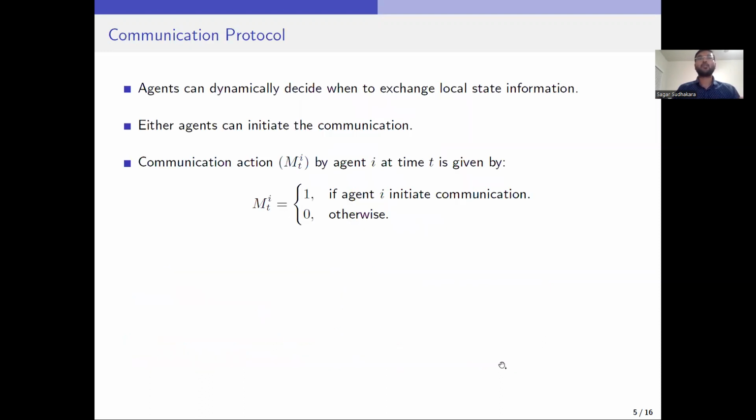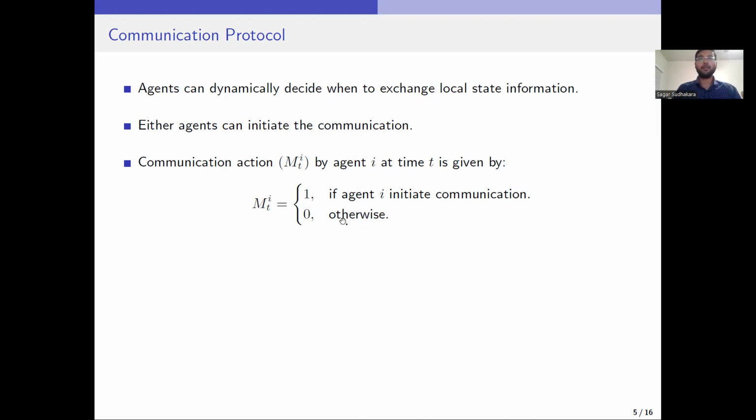Now, the communication protocol is that agents can dynamically decide when to exchange the local state information. Either of these agents can initiate the communication. The communication action mit by agent i at time t is 1 if agent i initiates communication. If it doesn't initiate any communication, it is 0.